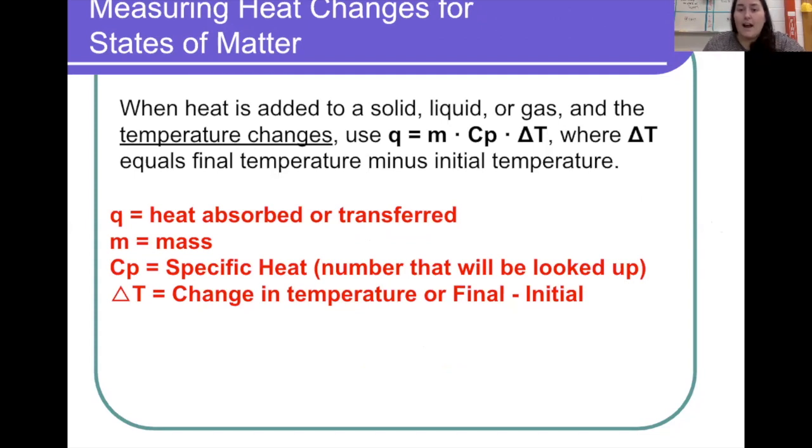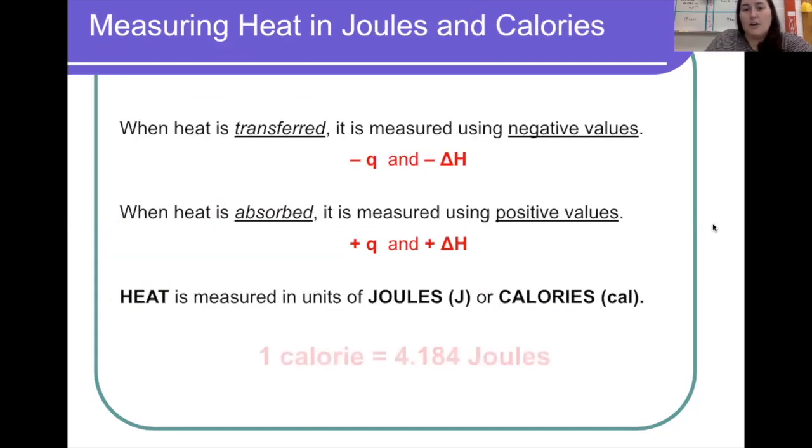Q is how much heat is absorbed or transferred. Remember, Q is negative when we're transferring heat away, and when heat is being absorbed, it's going to be positive.